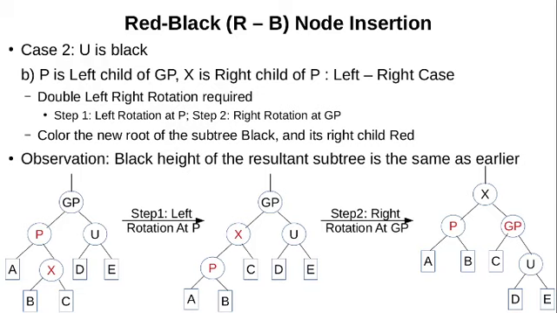So they can be attached on the left of GP without violating the binary search tree property. This completes the double left-right rotation.